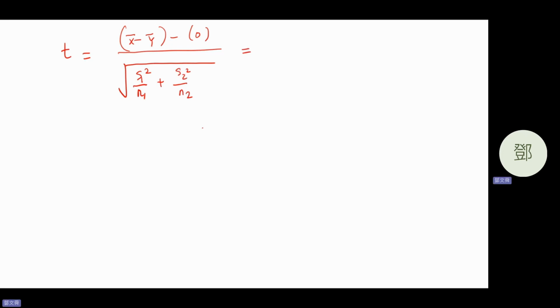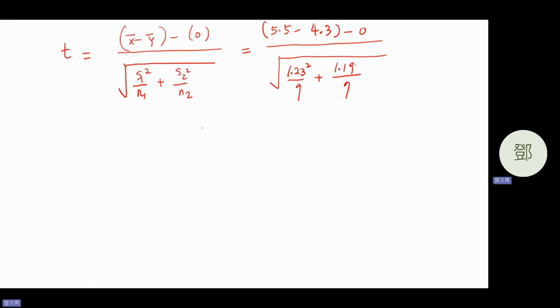So it is 5.5 minus 4.3, minus 0, divided by the square root of 1.23 squared over 9 plus 1.90 squared over 7. And it is 1.972.